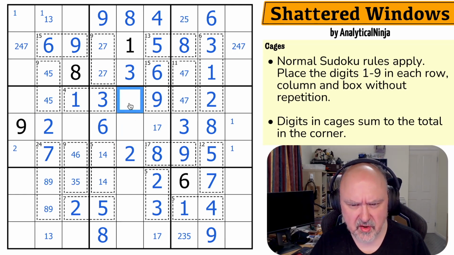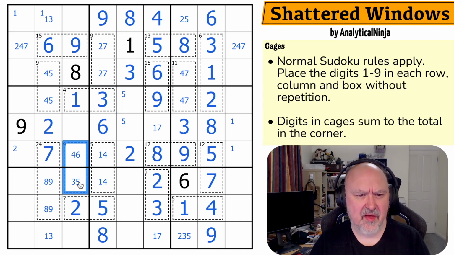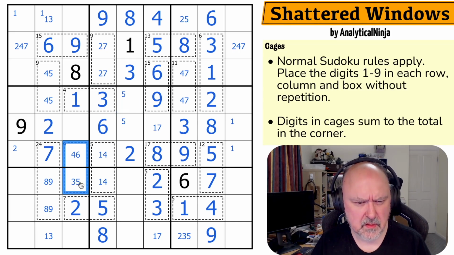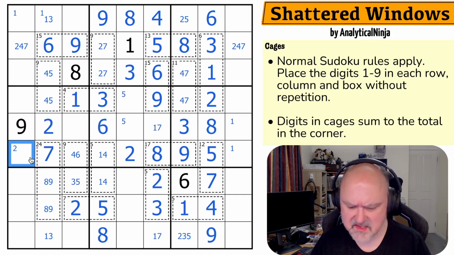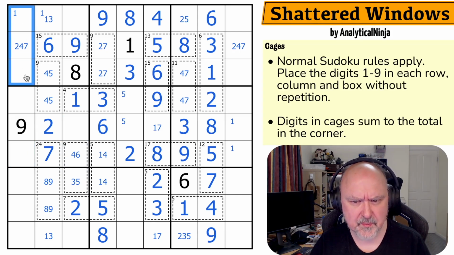This is not the 9 anymore. So there must be 1, 2, 3. There must be a 5 in one of those two. I'm still not seeing how that's resolved. This isn't a 2 anymore. 2, 2 puts 2 up here.